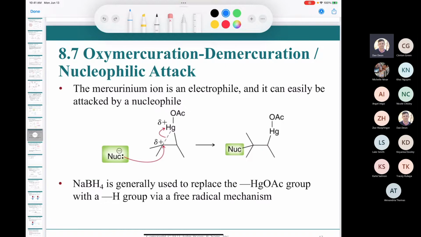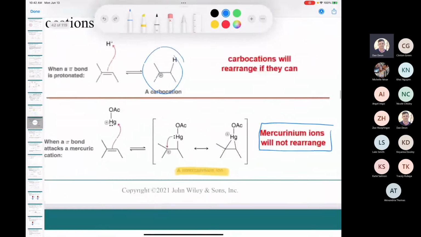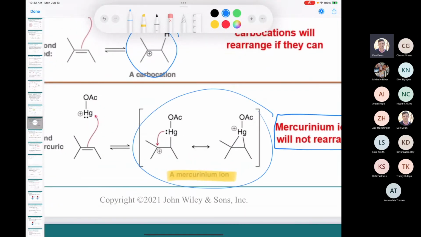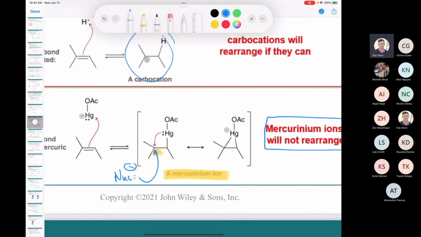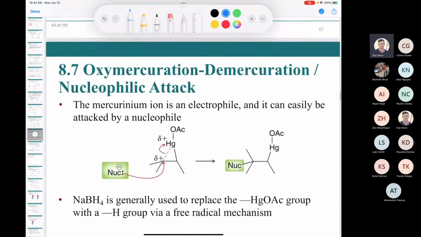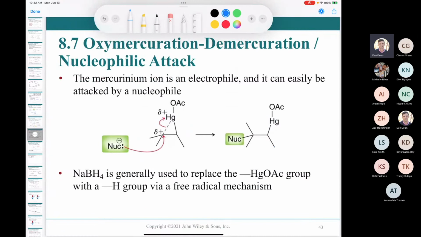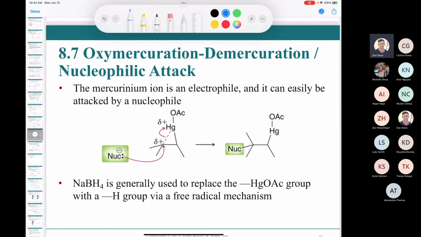It's because if you think about these two contributors to the mercurinium ion, the positive charge is going to be on the more substituted carbon. Therefore, the nucleophile is going to attack that more substituted position. Now, our book goes into a little bit more detail about it, but that will suffice for now.